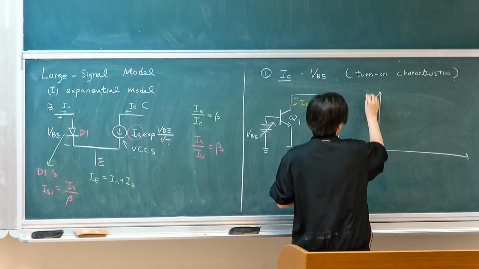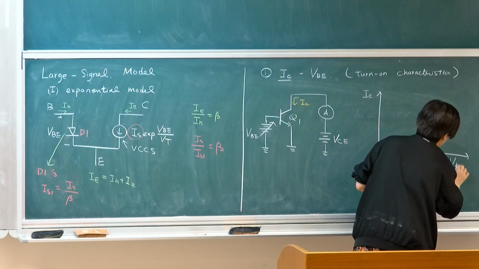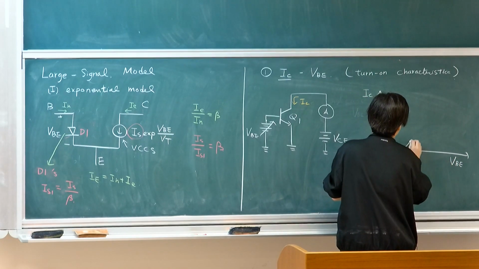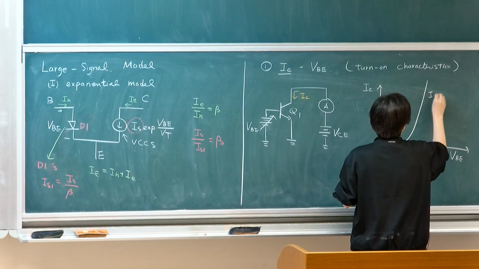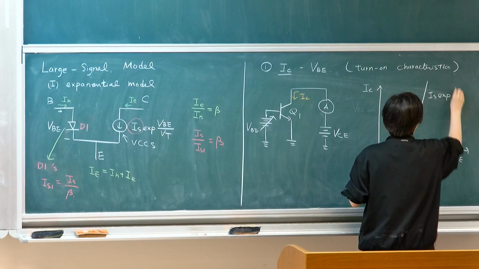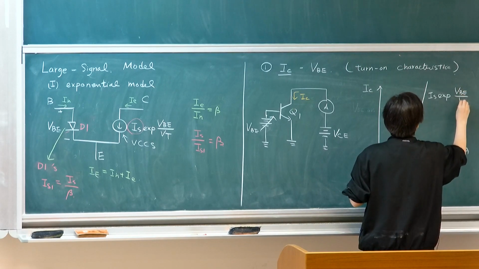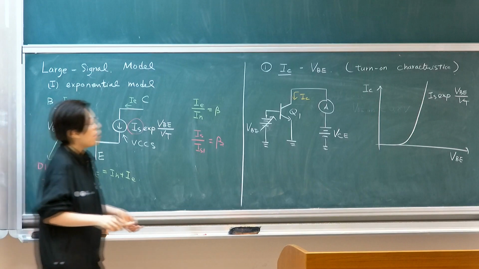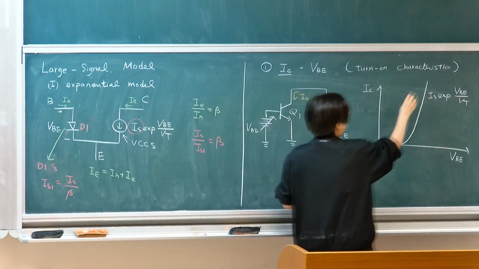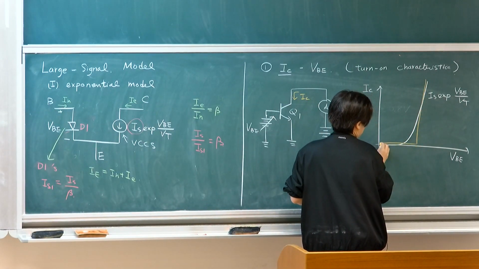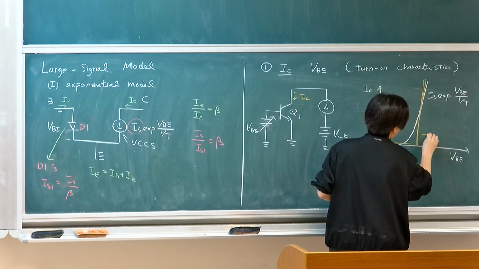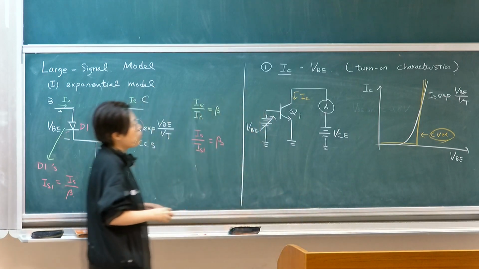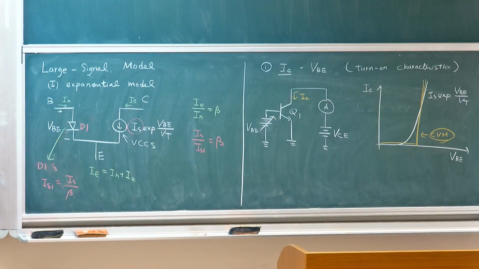So it will look very much like a diode, like this: an exponential increase. That's how we approach it with a VBE-on. You can use a VBE-on to describe it, a constant voltage. This red is the constant voltage model, used to refer to the exponential dependency.